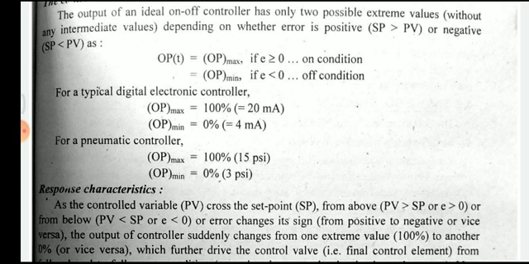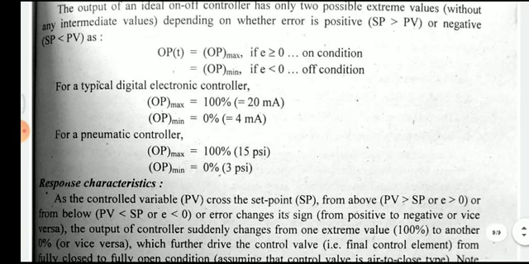Now for a typical digital electronic controller, 100% means 20 milliampere and 0% means 4 milliampere.